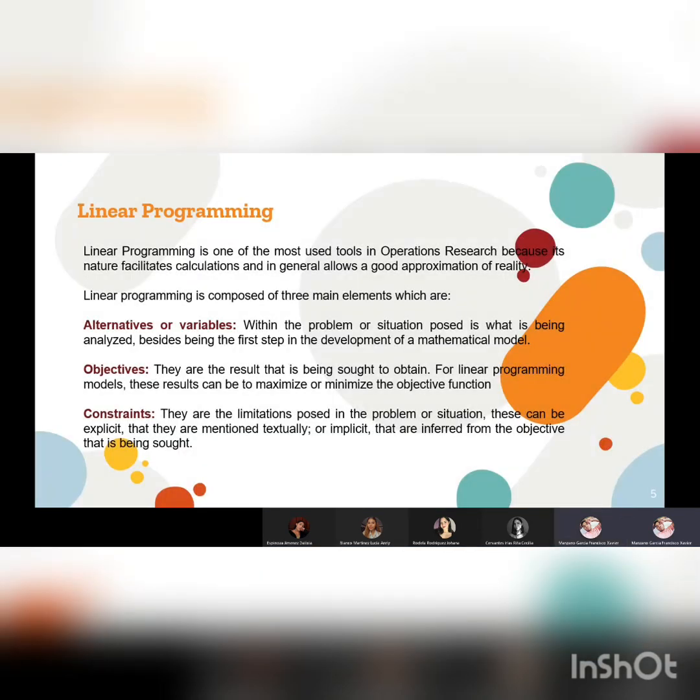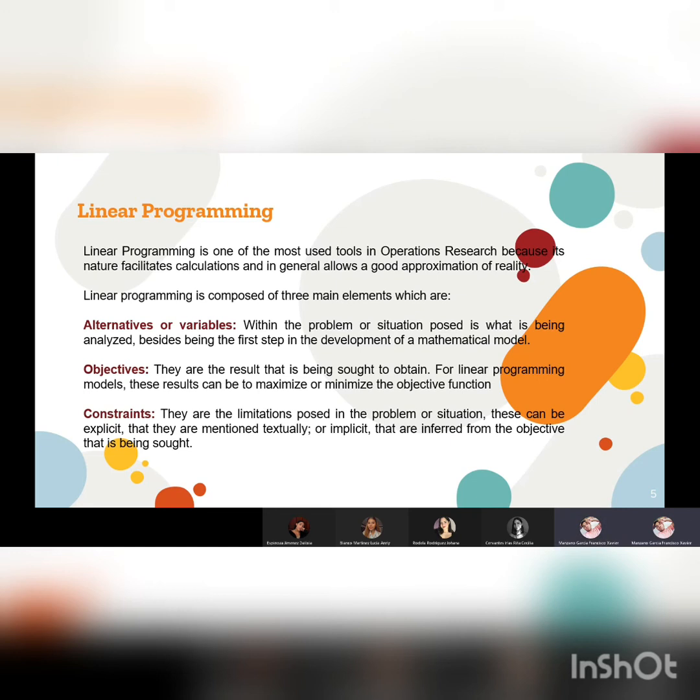Linear programming. Linear programming is one of the most used tools in operation research because its nature facilitates calculation and in general allows a good approximation of reality.